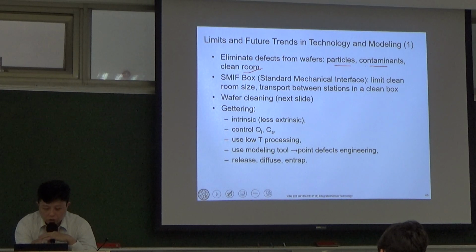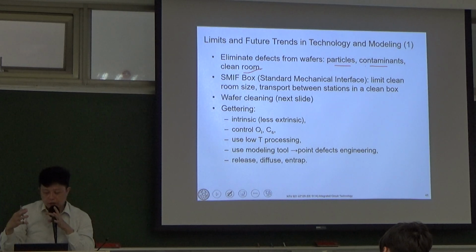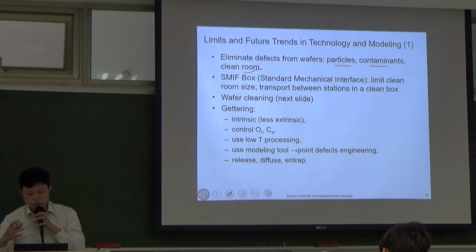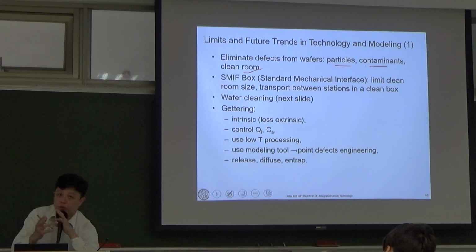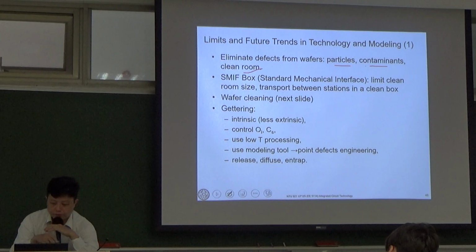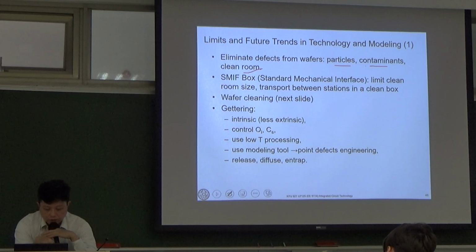And we can use this standard mechanical interface, this box. It's also a smaller size, where you can put wafers inside and transport them between stations. Okay, and also wafer cleaning is the next slide.